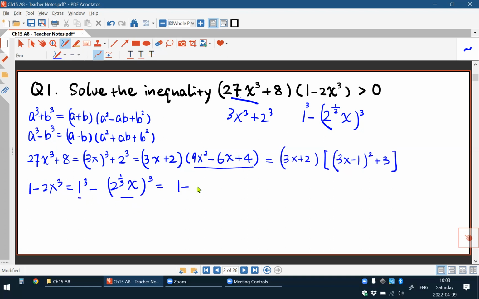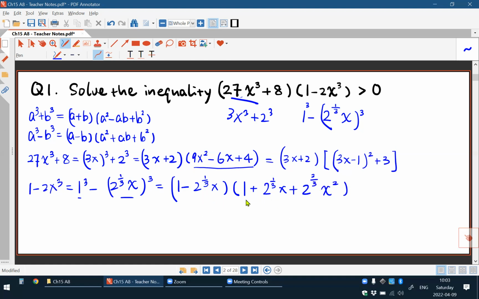So this equals 1 minus B times 1 squared plus AB, which is 2 to the 1/3 x, then plus B squared, which is 2 to 2/3 x squared, right?